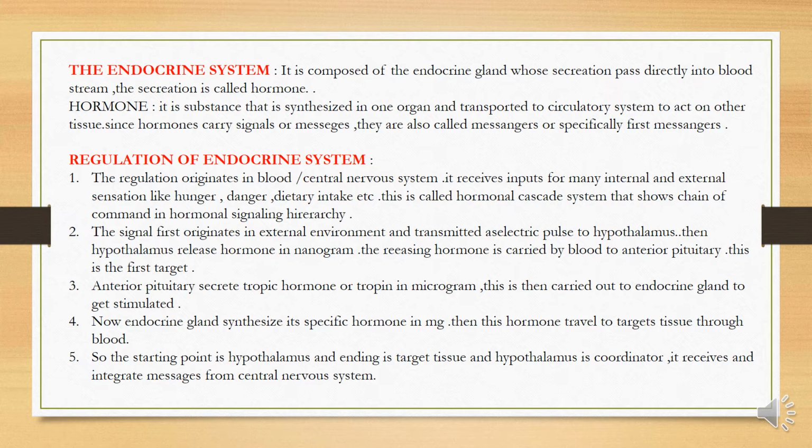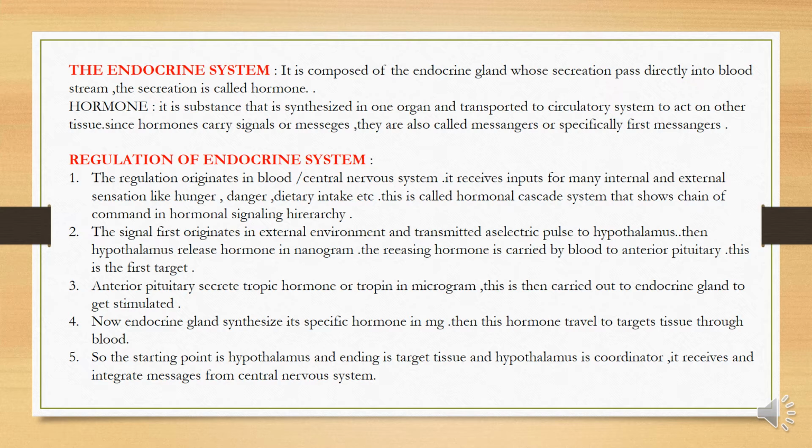This is then carried to the endocrine gland to stimulate it. Now the endocrine gland synthesizes its specific hormone in milligrams, and then this hormone travels to the target tissue through the blood. So the starting point is the hypothalamus, the ending is the target tissue, and the hypothalamus is the coordinator.